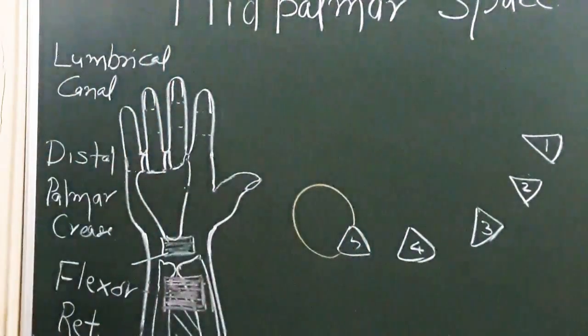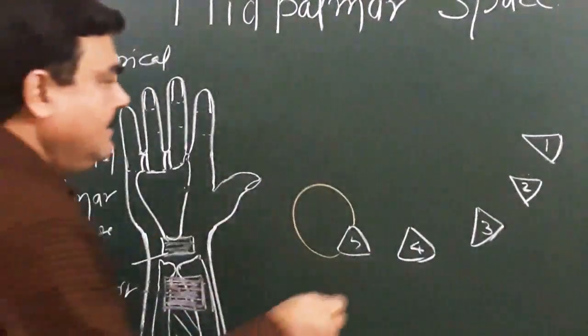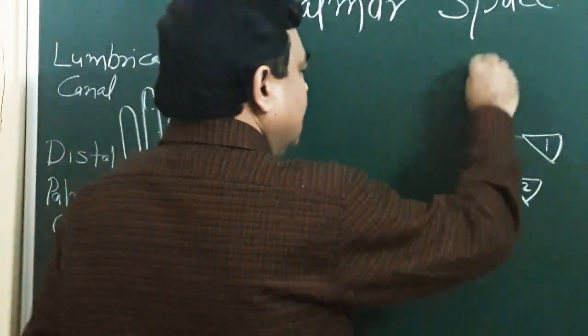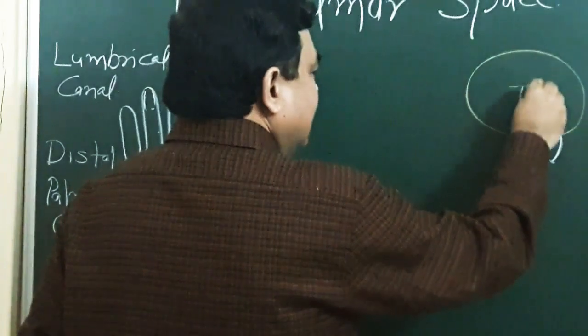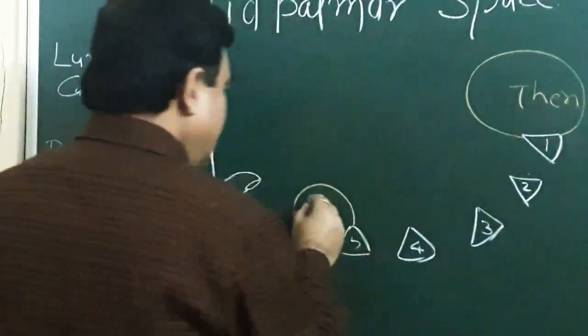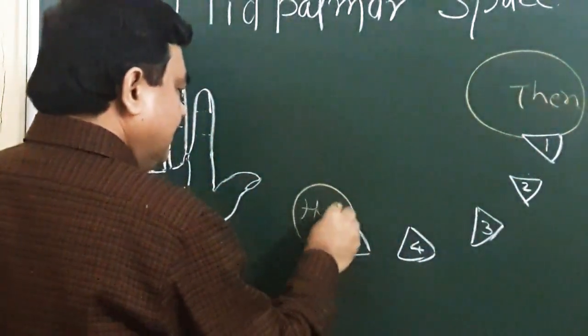Here are the hypothenar muscle and the thenar muscle.